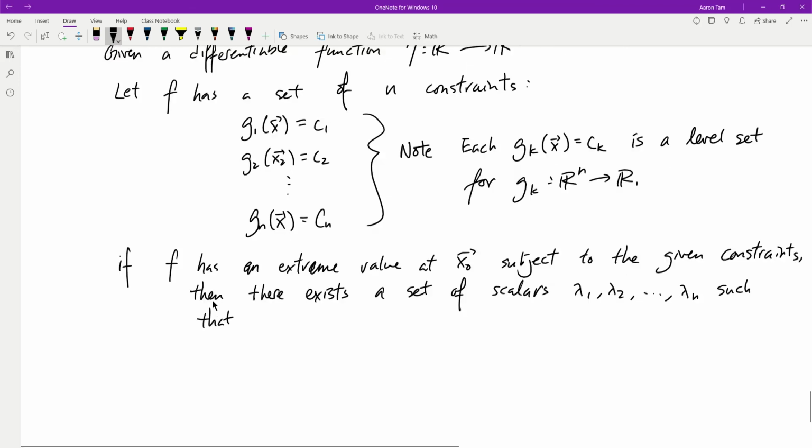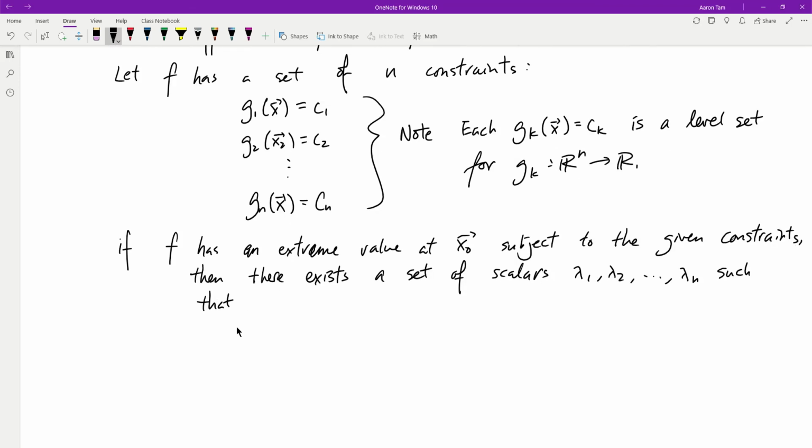Such that the gradient of f at x sub 0 is equal to lambda 1 gradient of g1 at x sub 0, plus lambda 2 gradient of g2 at x sub 0, plus dot dot dot, plus lambda n gradient of g sub n at x sub 0.